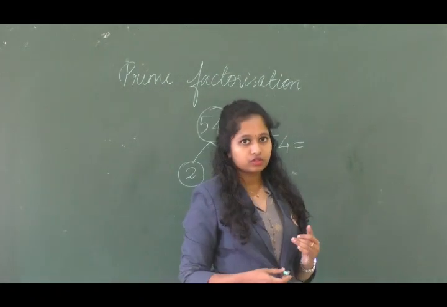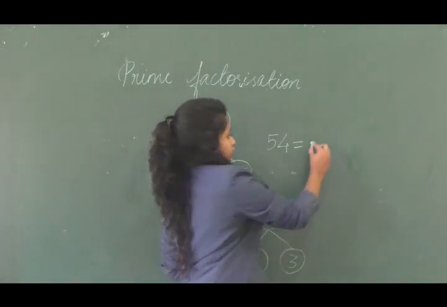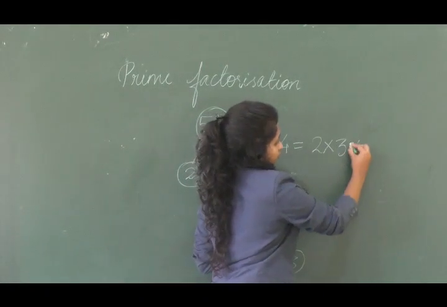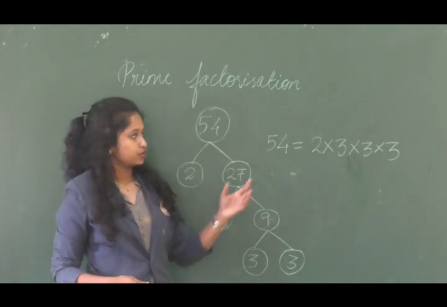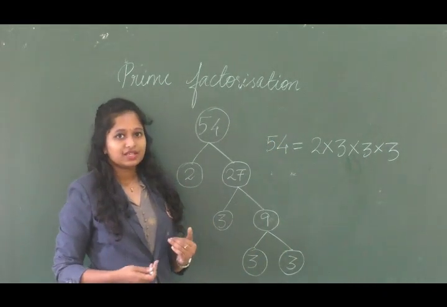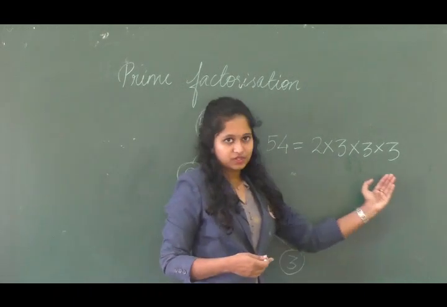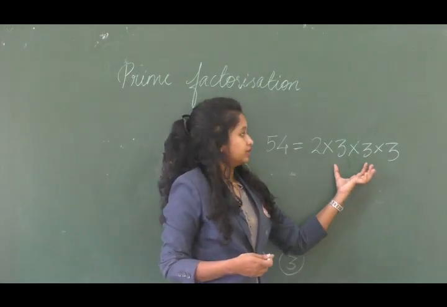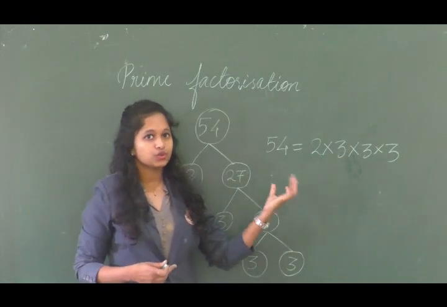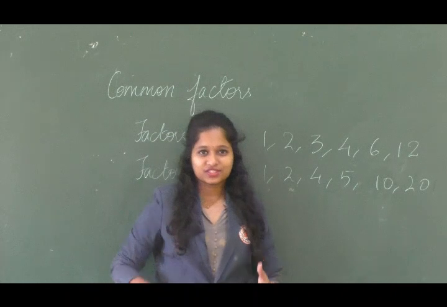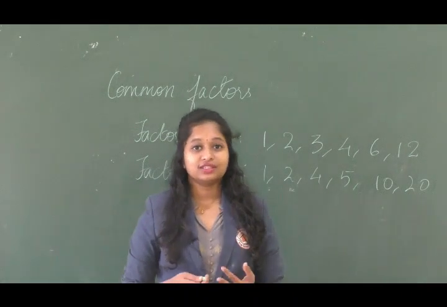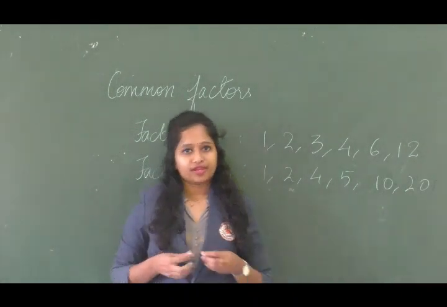So 54 is nothing but 2 into 3 times. Okay, so 54 can be written as product of primes in this manner, which is 2 into 3 into 3 into 3.